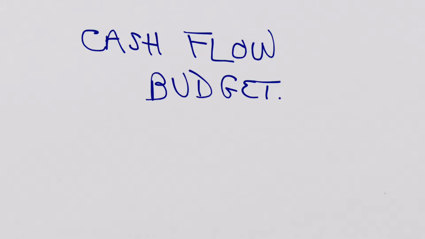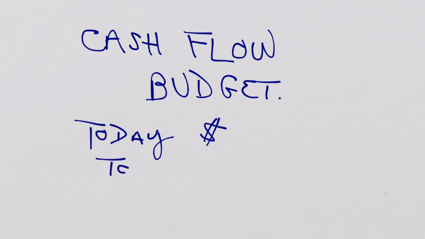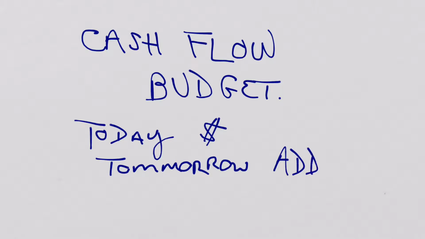But it's like your checkbook where, okay, today I have money. Tomorrow I am going to get my paycheck, so tomorrow I add money, but on Tuesday I have to pay my rent, so I have an expense.